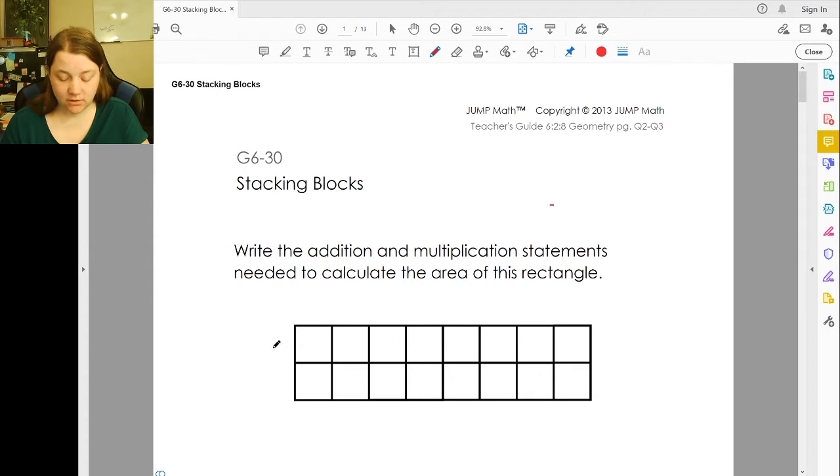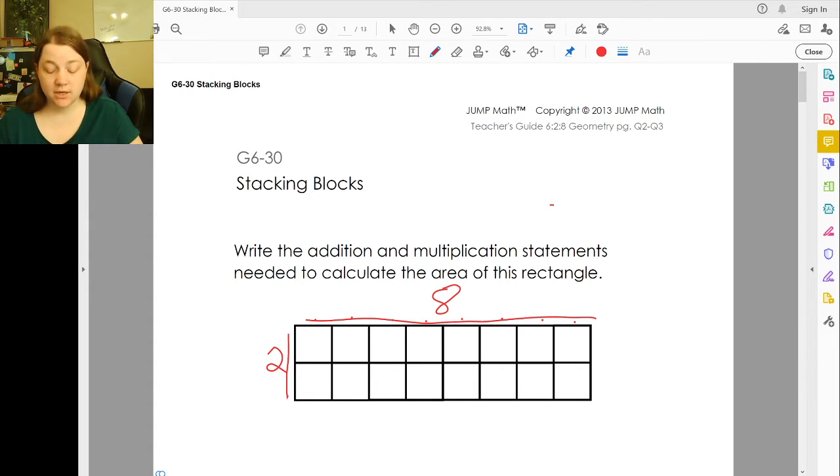We can see that there are 2 different rows of blocks, and there are 1, 2, 3, 4, 5, 6, 7, 8 different columns. So if there's 2 going up and down and 8 going across, we could add 8 plus 8 for 1 row, 2 rows.